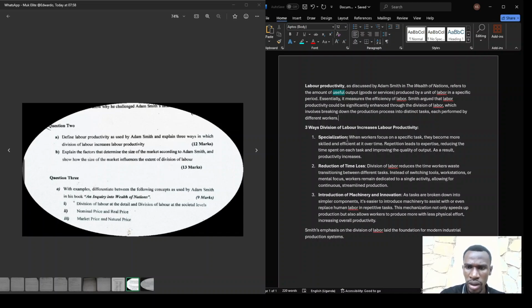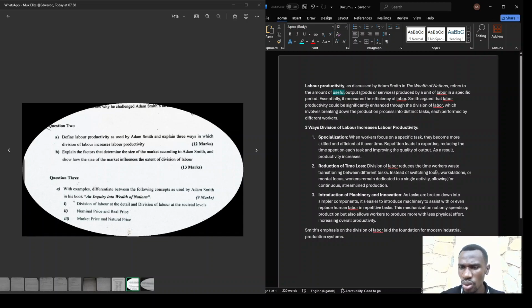The second way Adam Smith said that division of labor increases productivity is through reduction of time loss. Whenever you have to do a lot of things, you find that there will be time lag in your activities. That time from switching from this to this, from this to this, and from that to that. So he said division of labor reduces the time workers waste transitioning between different tasks.